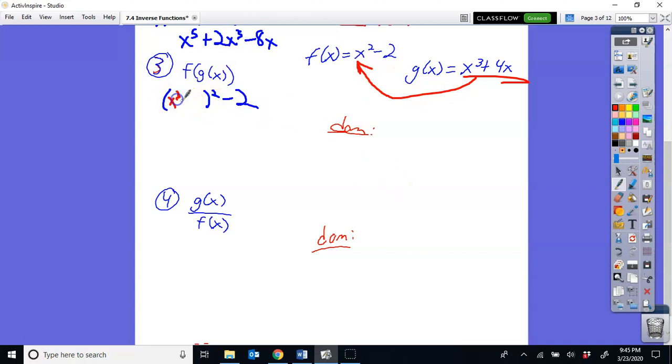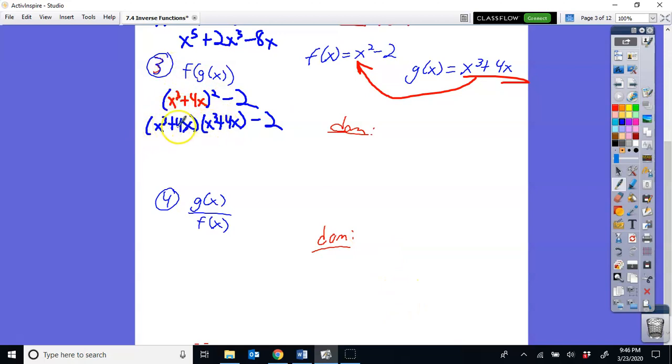So I'm plugging x cubed plus 4x into that. Now what that does require is that I do x cubed plus 4x times x cubed plus 4x. So this one's going to be a little bit uglier to multiply.